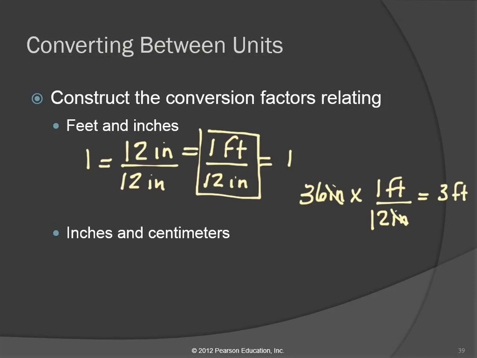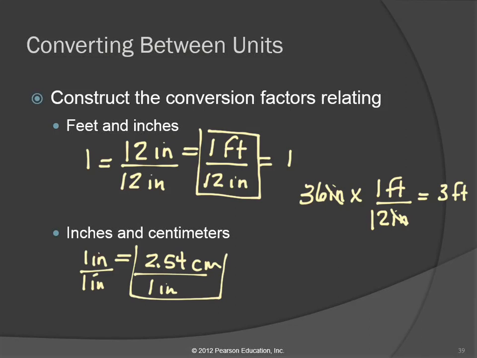Let's look at inches and centimeters. 1 inch is how many centimeters? 2.54 centimeters. That's a good one to memorize because it comes up a lot. There are 2 conversion factors that can arise from any of these. If we divide by 1 inch on both sides, we get this factor.